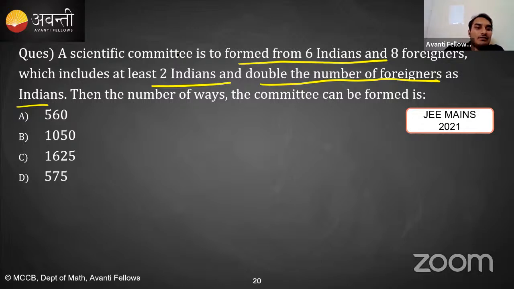A, B, C, D. Which option is the correct one? JNV Ballari, Davangri, everyone tell me the answer quickly.